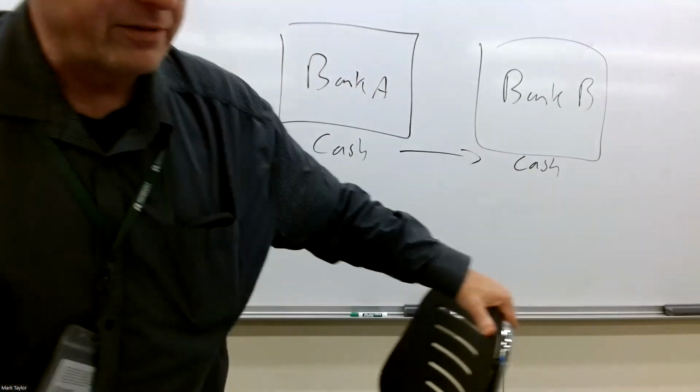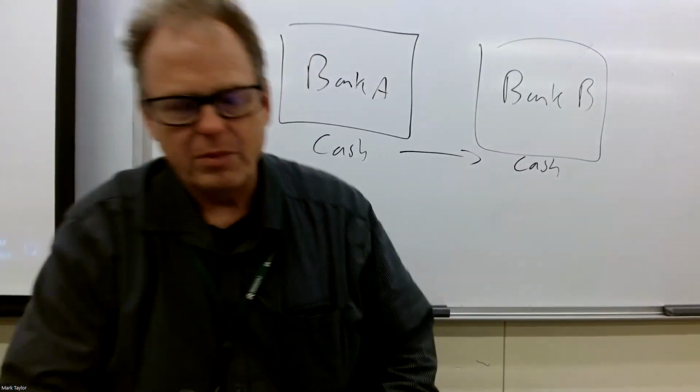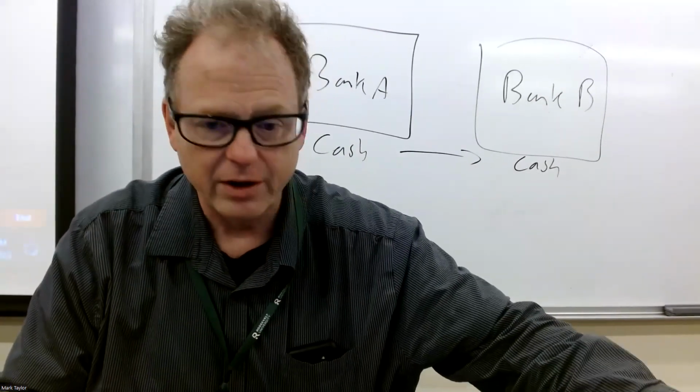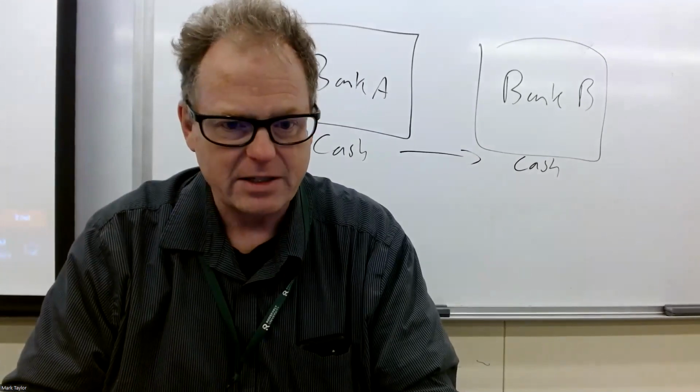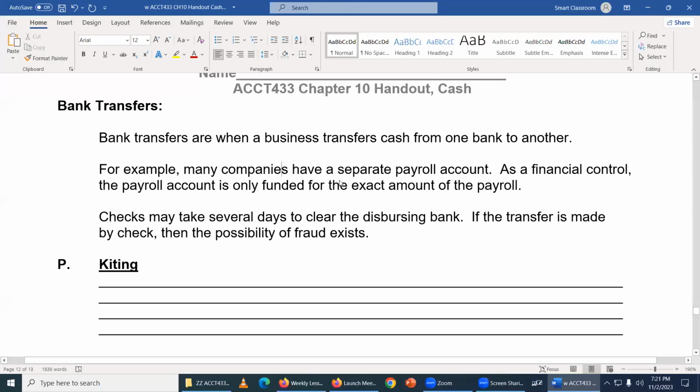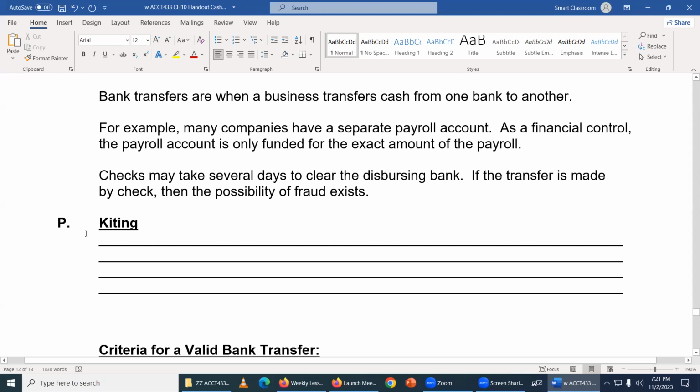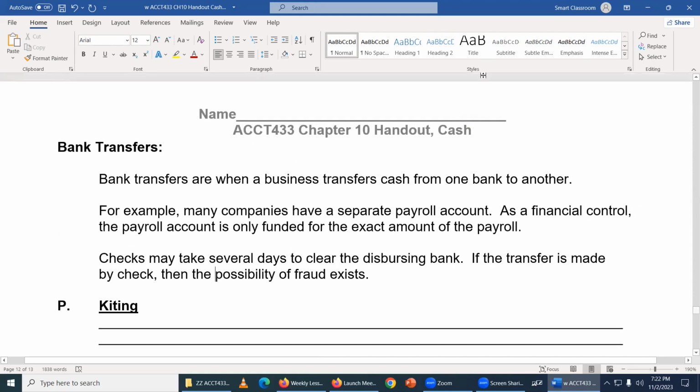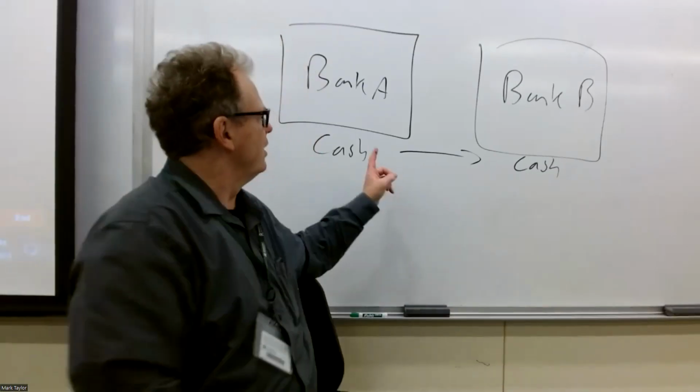We talk about bank transfers. It could be in the same bank from one account to another, and it could also be from one bank to another. For kiting, it virtually has to be from one bank to another. When they transfer this money, it could be for a number of reasons, but there is a possibility of kiting, and it comes about because of this.